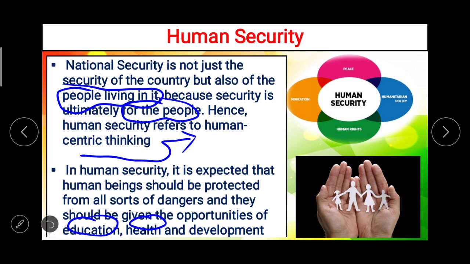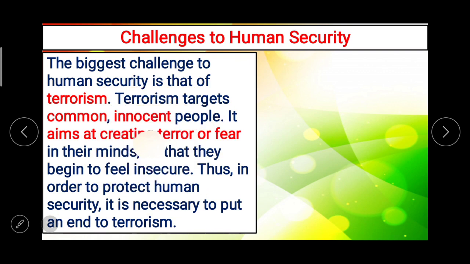The concept of human security also includes the idea that a conducive environment should be created for everybody to live a respectable life by overcoming illiteracy, poverty, superstition, backwardness, etc. Human security necessitates the protection of the rights of minorities and weaker sections. So in human security, the human being is at the center and in the important place.